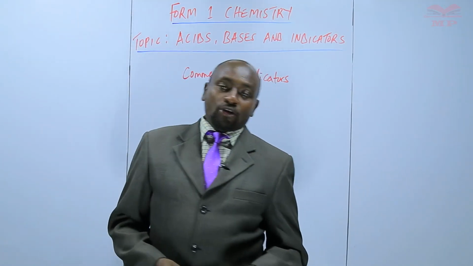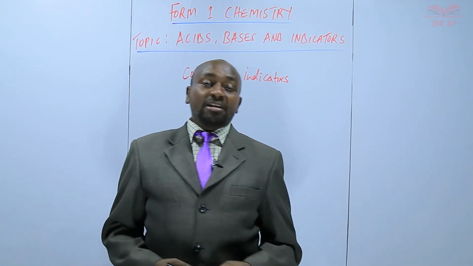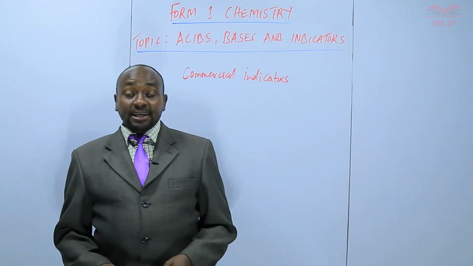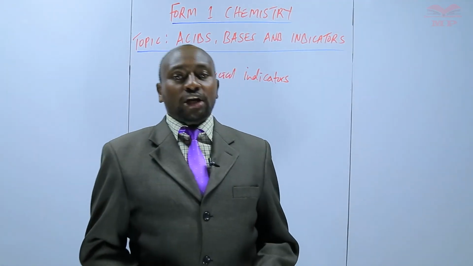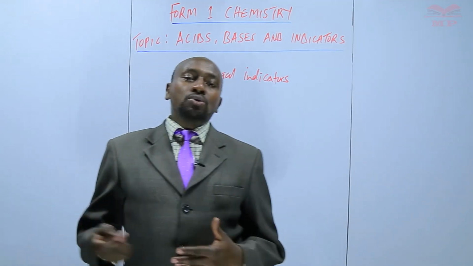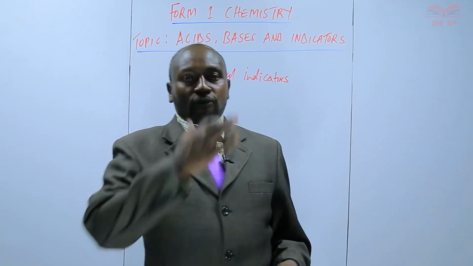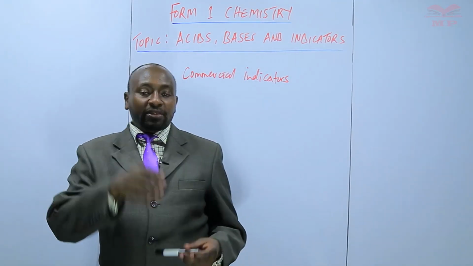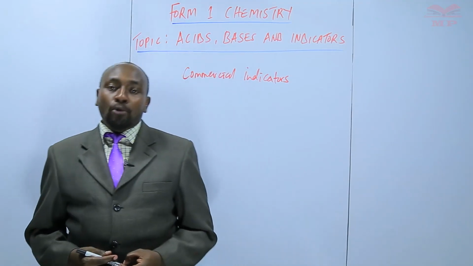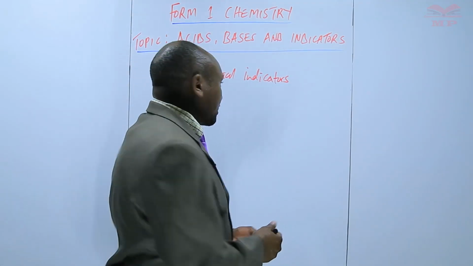We have other commercial indicators such as methyl orange, phenolphthalein, screened methyl orange, and bromothymol blue. There are several, but we'll only mention the common ones, the ones commonly used in our laboratories.